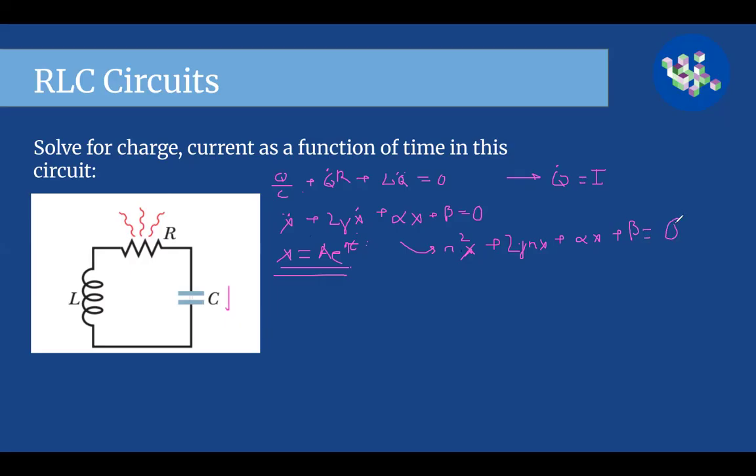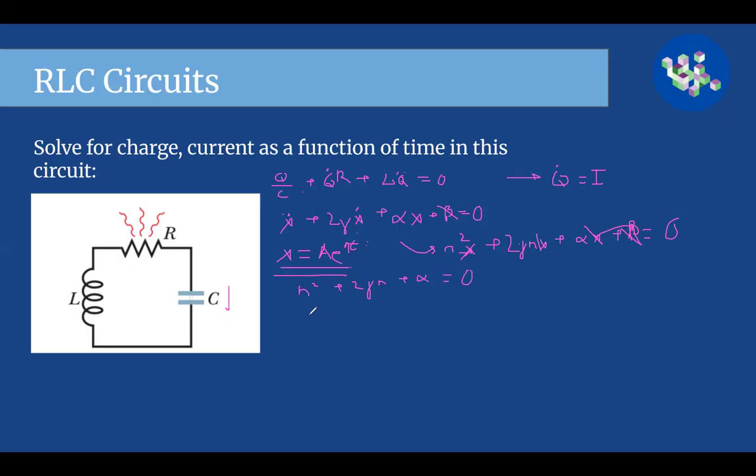Let's ignore the constant term for now, so there's no constant term. Let's take away the x because we can just cancel that out. So we can solve n squared plus 2 gamma n plus alpha equals 0.